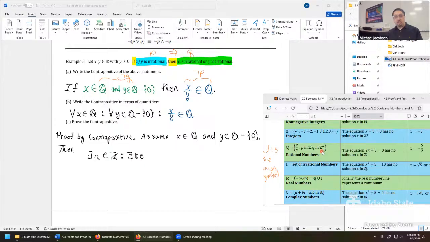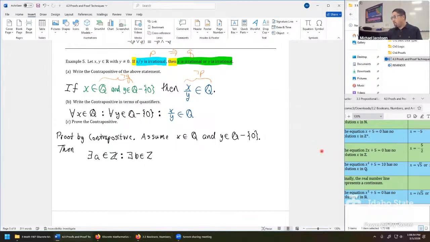So I'll use the same notation. We're just avoiding dividing by 0 by saying it this way. b is in Z plus, such that this element x right here is now just a divided by b.